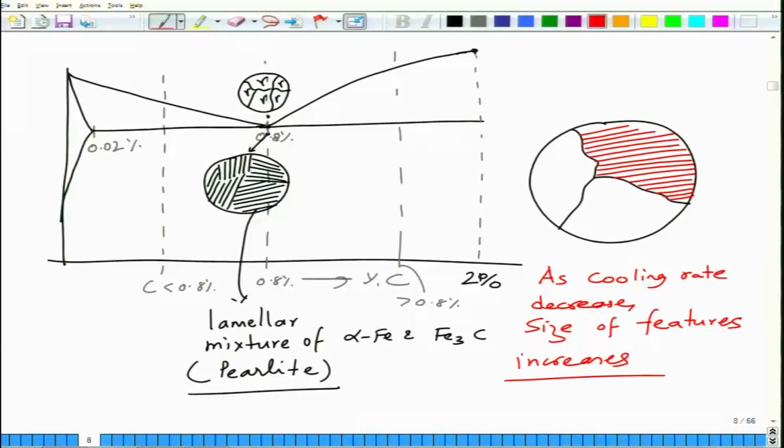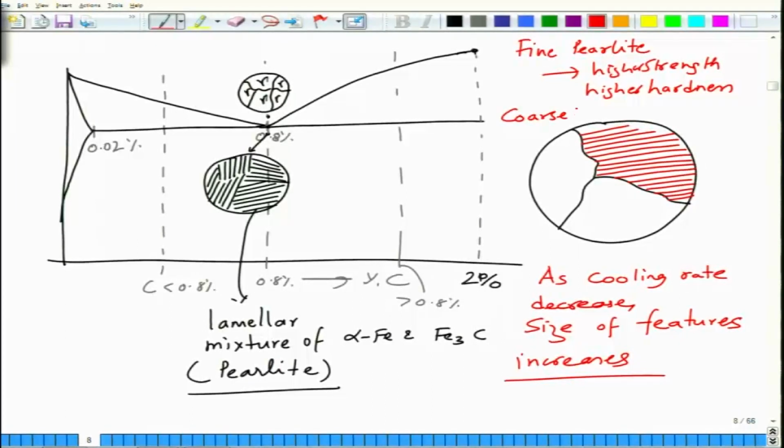This has profound influence on mechanical properties. The finer pearlite gives you higher strength. So a microstructure consisting of fine pearlite results in high strength and high hardness, whereas coarse pearlite results in lower strength and hardness for a given composition.